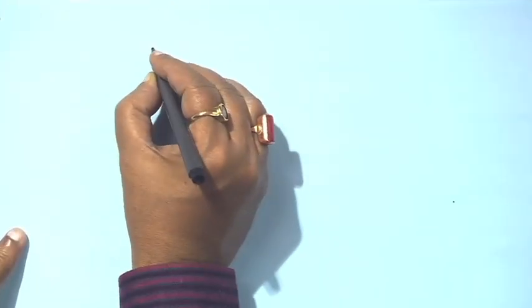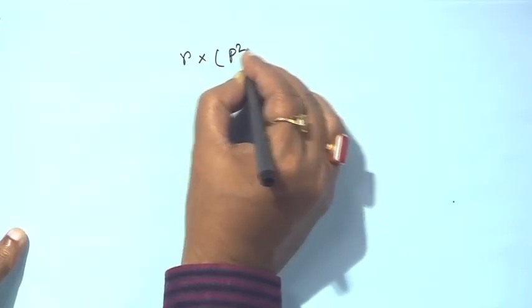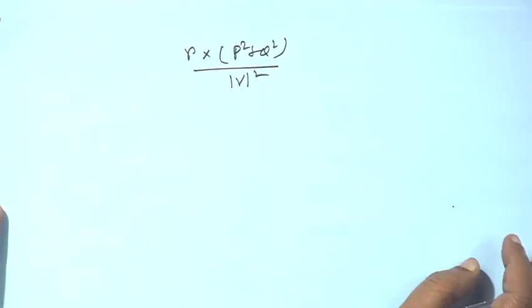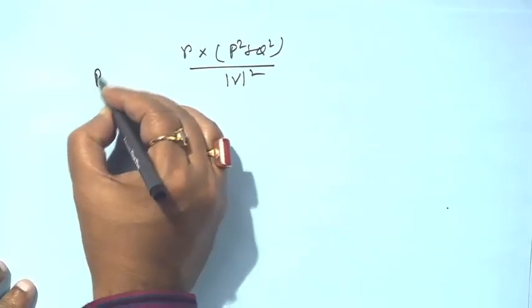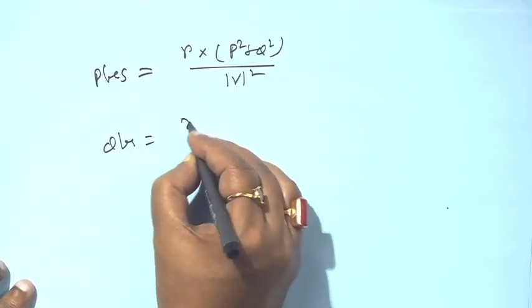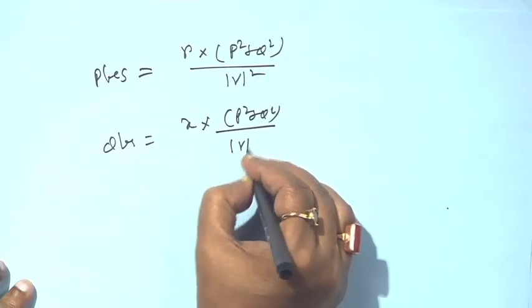And as you know, though not much, it also reduces the power losses, because in load flow studies we have seen the power loss equation. In general, P loss is equal to R into P square plus Q square divided by voltage square. And Q loss is equal to X into the same thing, P square plus Q square upon voltage magnitude square.